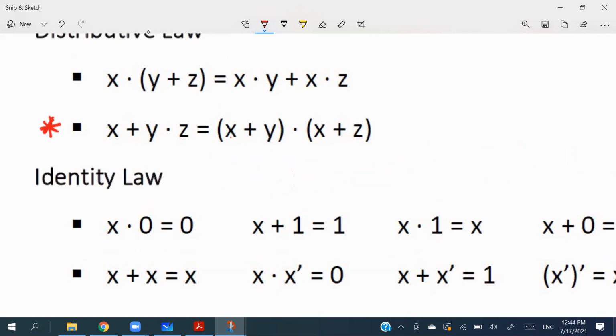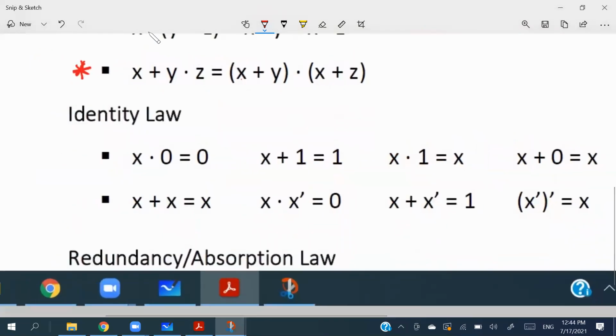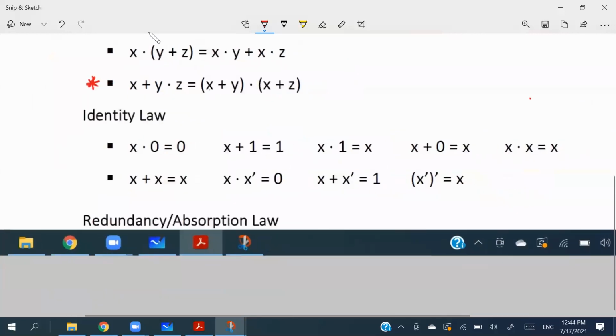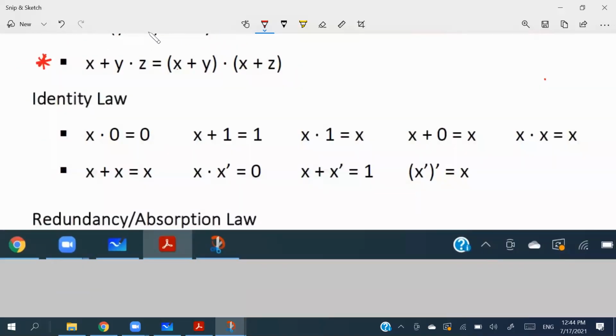Okay, so now we are moving to the identity laws. Later they have divided these laws into smaller laws again. So I'm going to give you the names now. They are considered the identity laws by regarding these four.